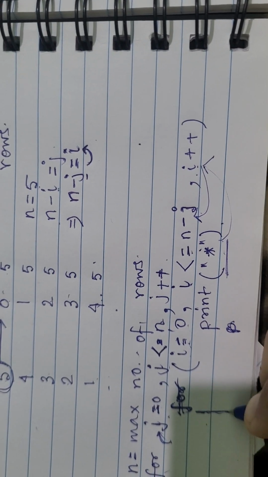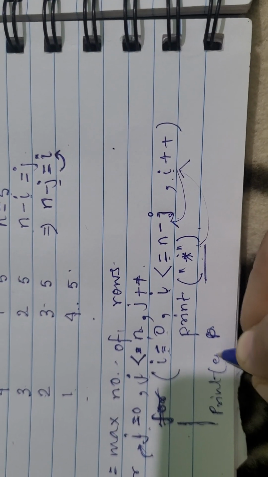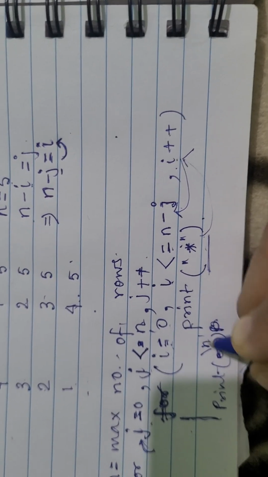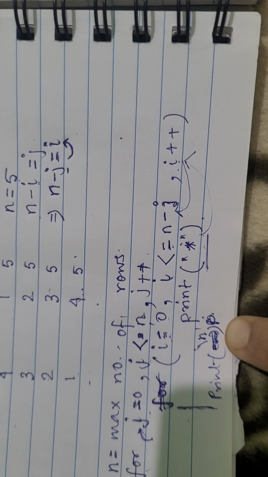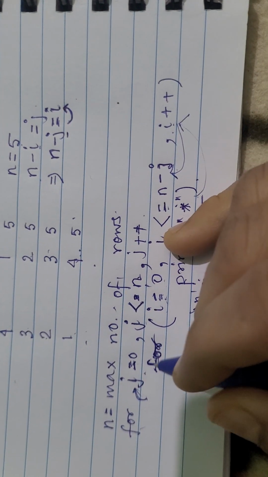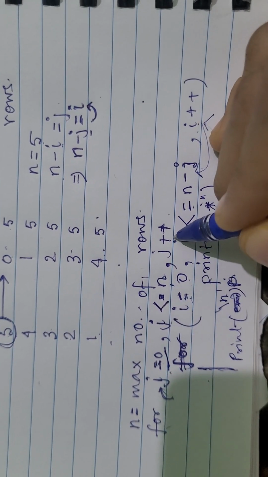Parallel to this for loop you write it. So you'll have to change the line and then it will go to the for loop. But it is not going to go here, it is going to go here.